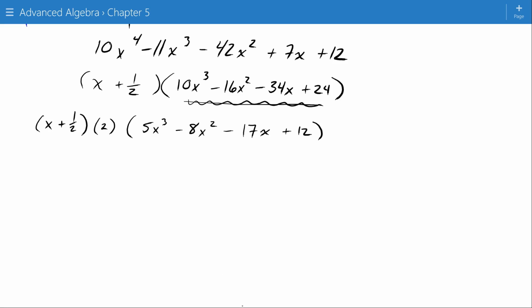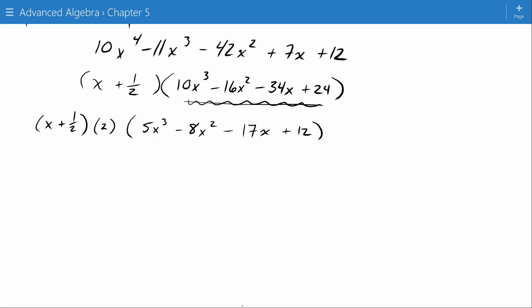Okay. And what I'm going to do here, don't get too confused. Hopefully you guys understand so far where everything came from. I'm going to take those first two terms and combine them into one, because typically we don't see x plus a half as an actual factor.